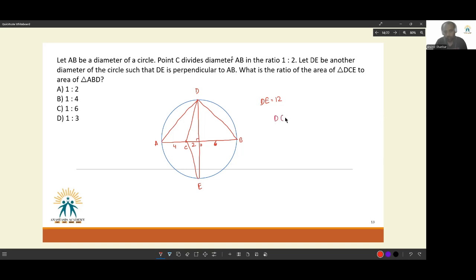So area of DCE will be equal to half into 12 into 2, which is equal to 12. And area of ABD, again, AB is equal to 12, and the height DO will be equal to 6. So we'll have area of ABD as half into 6 into 12. So we get 36 here. So the ratio will be 12:36, or final answer 1:3.